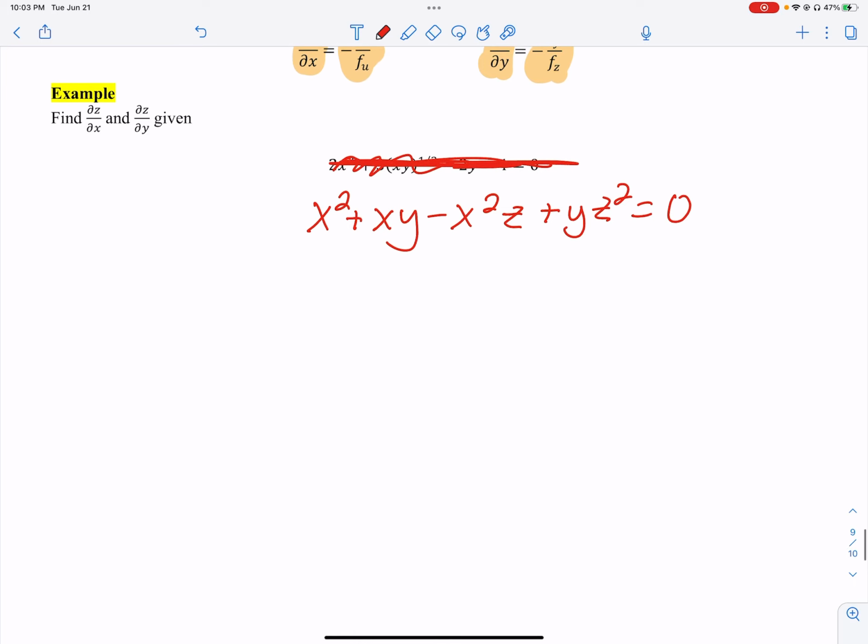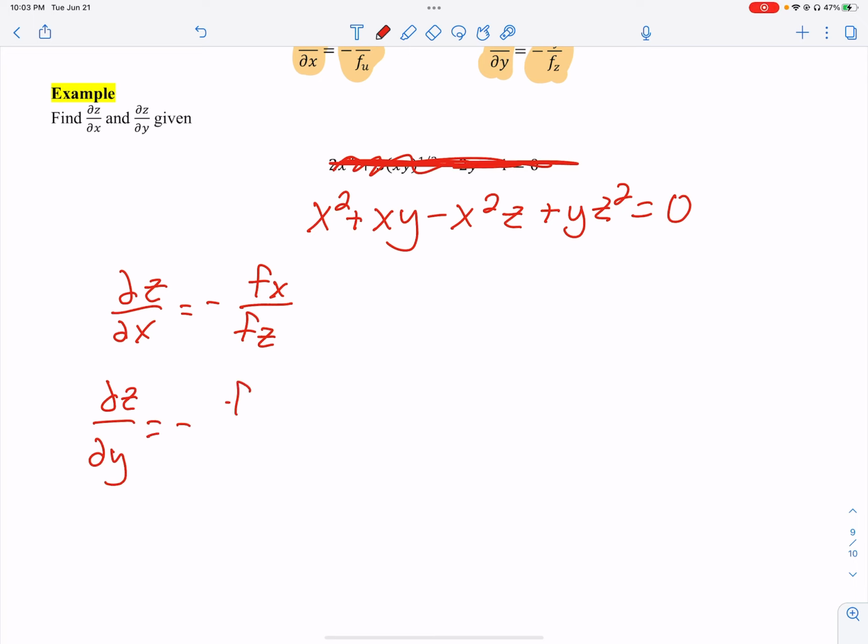All right, so I need the partial of z with respect to x. How this goes, it's always negative, f with the x there, over f with the z. The other one, partial of z with respect to y, is always the partial of y on top over z, whatever the variable is that we're trying to respect here.